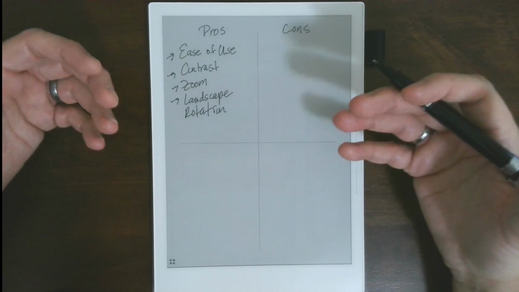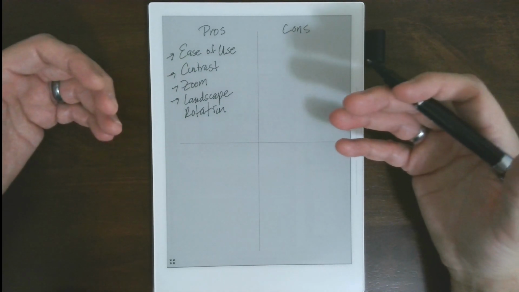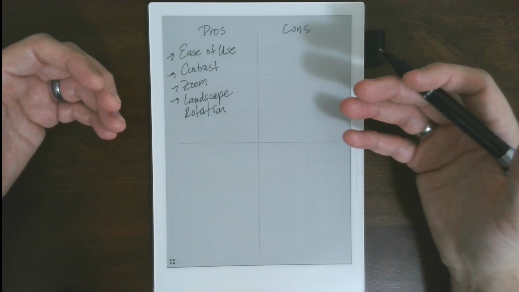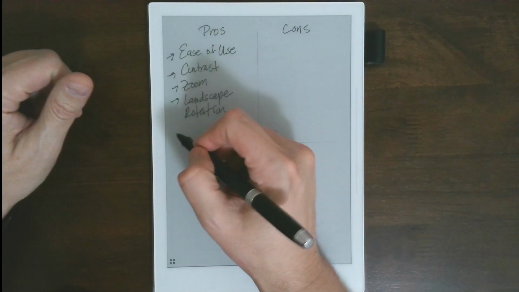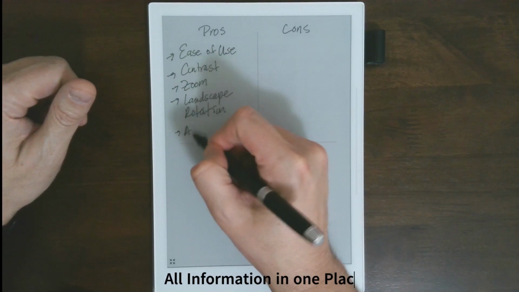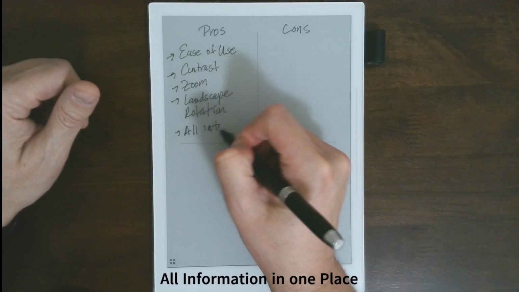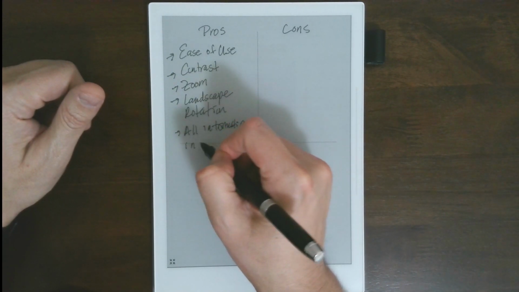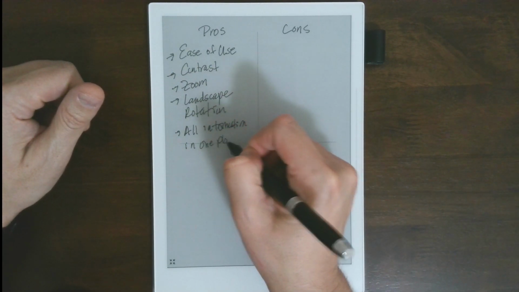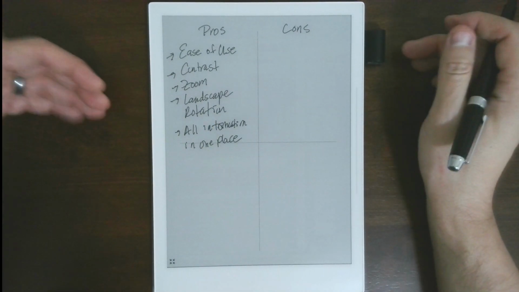Another really important piece of these particular items is that all of your notes are in one place. All of your information is in one place. That makes it very easy.